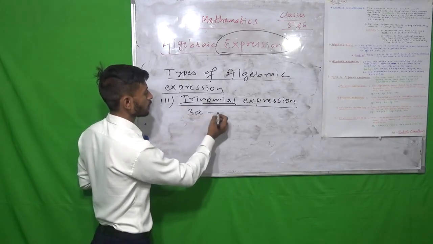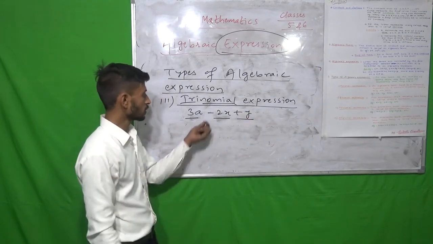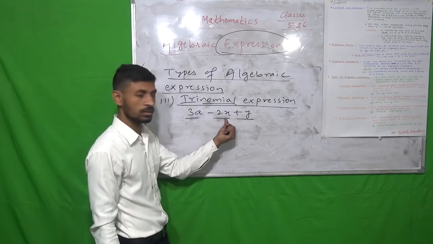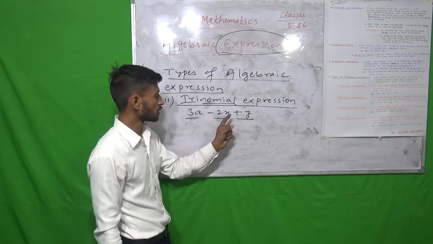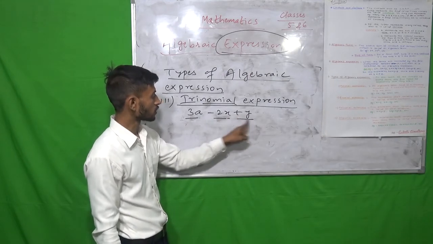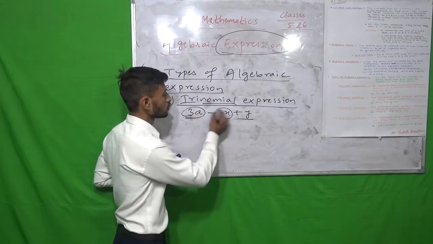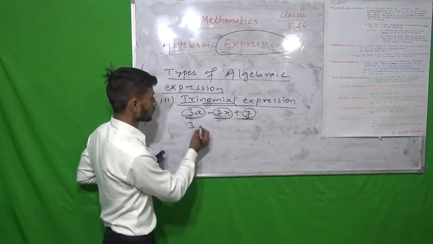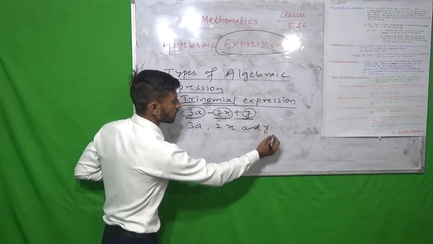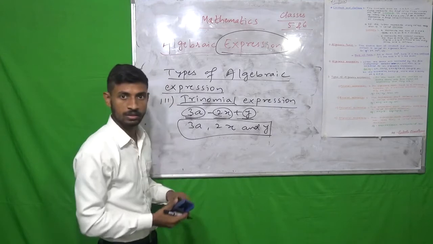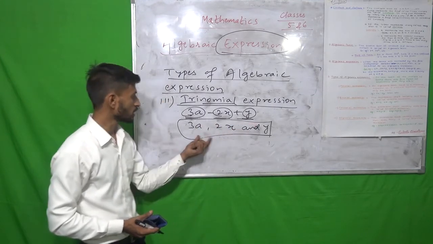3a minus 2x plus y. How many terms are here? 3a, 2x and y.